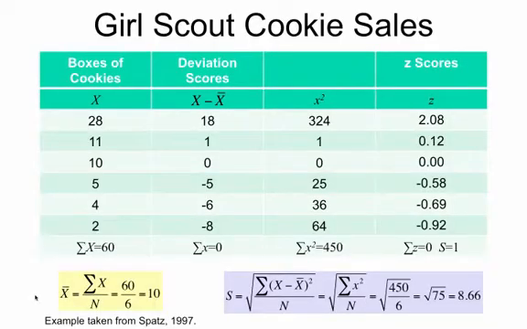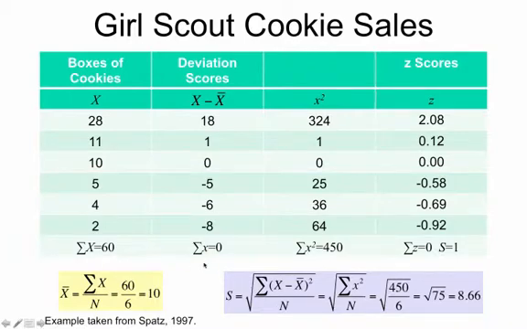Let's use our Girl Scout cookie sales example from the last presentation to help make this all a little clearer. I have exactly the same data in the table that we had last time, except I've added a fourth column for z-scores. As you know, in the first column we have the raw scores, the boxes of cookies each of the Girl Scouts sold.